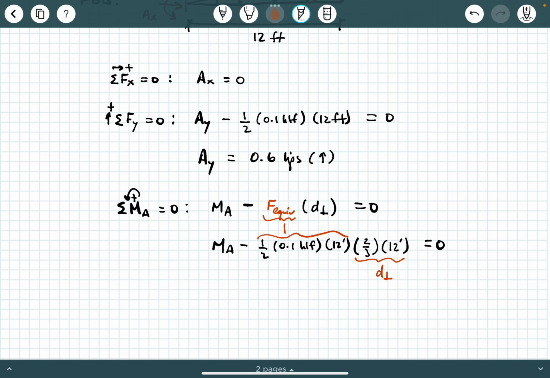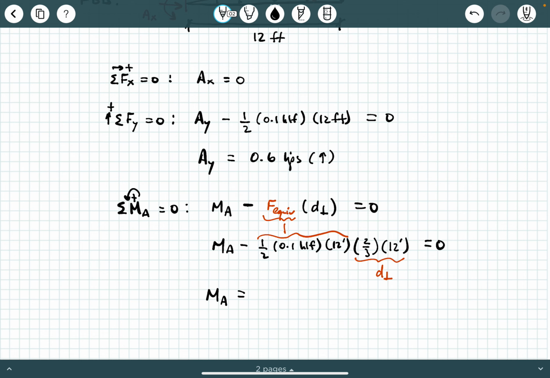And I'm going to punch through all of this together and move it to the other side of the equation. And when I do that, I'm going to be able to solve for MA, and let's see what we get. We get 0.5 times 0.1 times 12 times 2/3, also times 12.